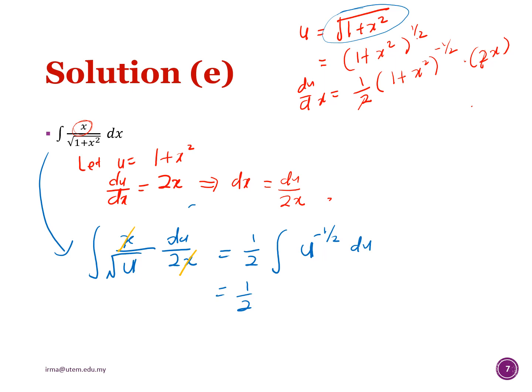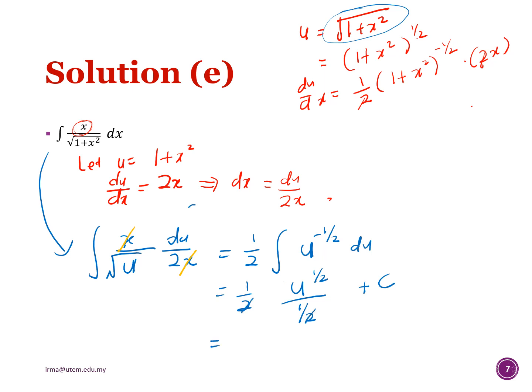You just use the basic properties of integration, where you will get u to the power of half, because you have negative 1 over 2 plus 1, so you get half, over 1 over 2, plus c. So this one can be cancelled out.